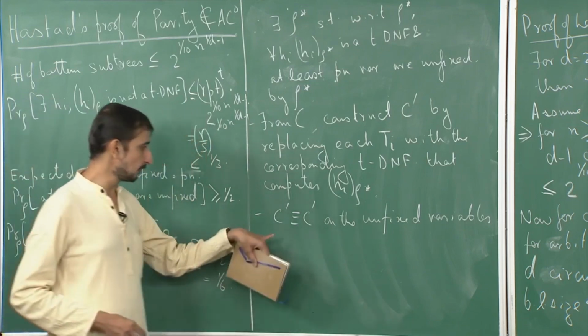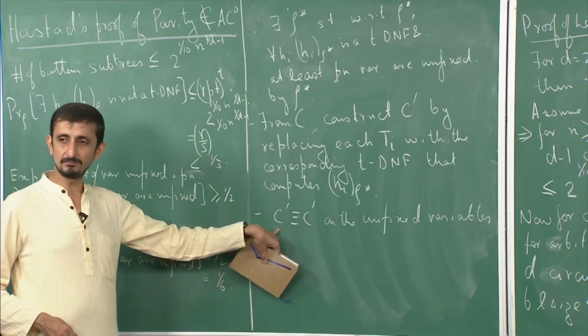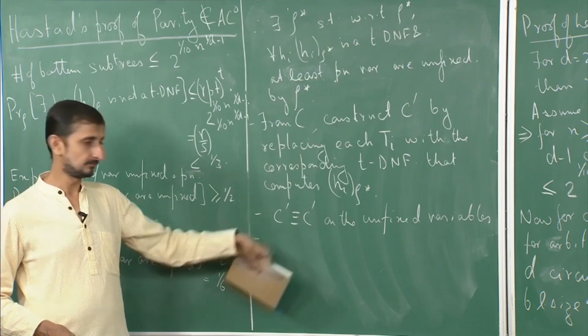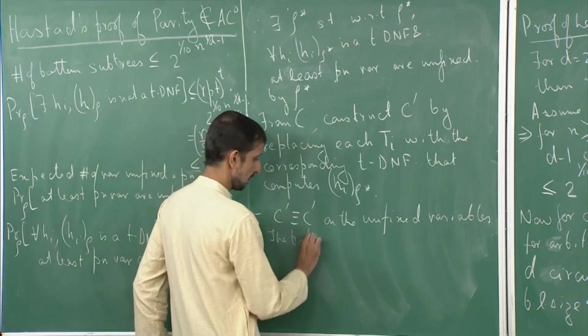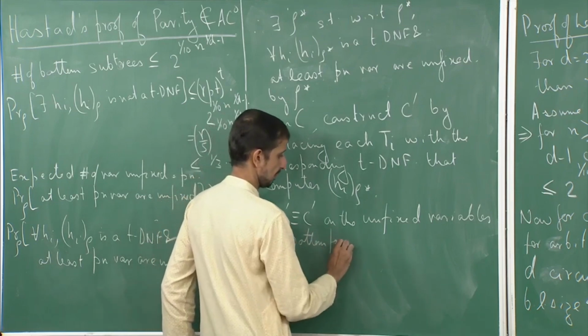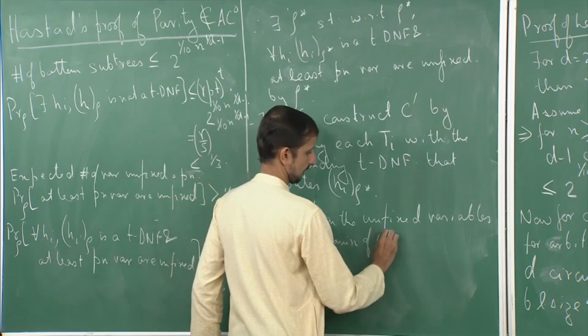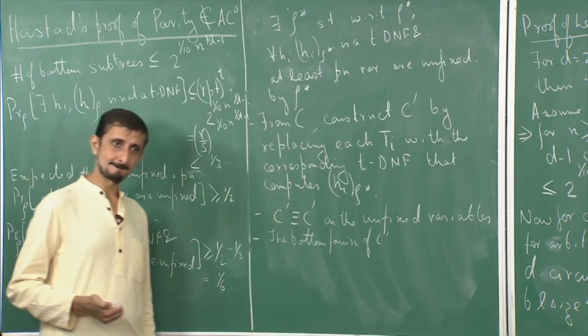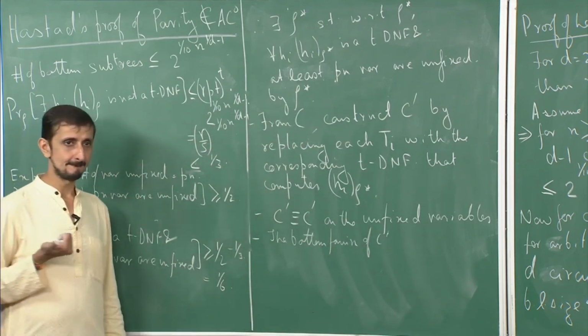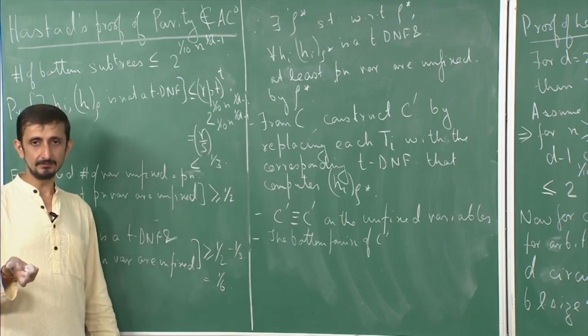What else can I say about C prime? What can I say about the bottom fan-in of C prime? How much will it be? I am changing it into a T DNF.